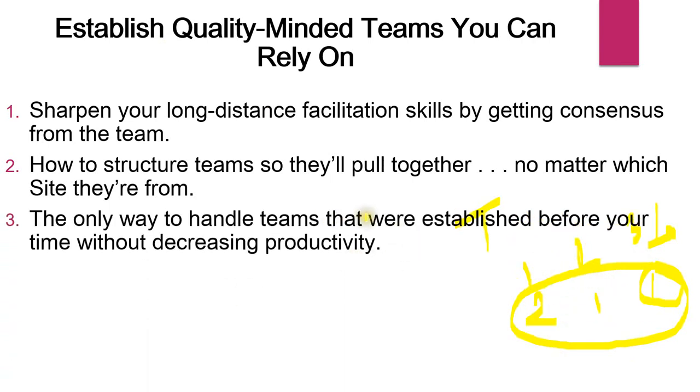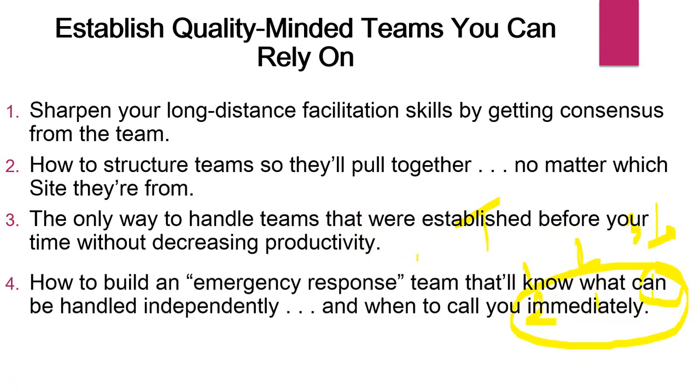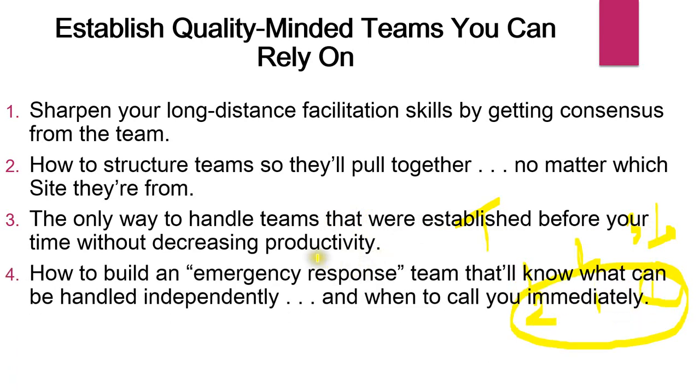The only way to handle teams that were established before your time without decreasing productivity. How to build an emergency response team that will know what can be handled independently and when to call you immediately. You should take out good performing and highly skilled or very confident guys to handle the situation without letting you know about this problem.